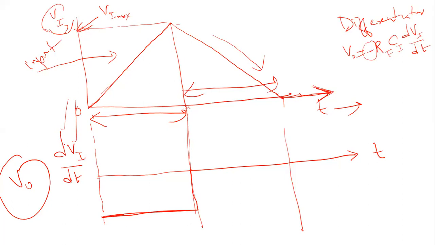So when you perform differentiation here, you will have a certain negative constant, but because of the inverting property of this differentiator, it will result in a positive constant value here. So it's a square wave. So the reason why I wanted to show you is that if you feed a triangular wave like this, you will get a square wave like this, isn't it? So if you remember, a triangular wave may continue something like this.